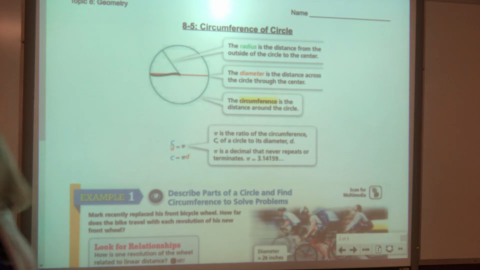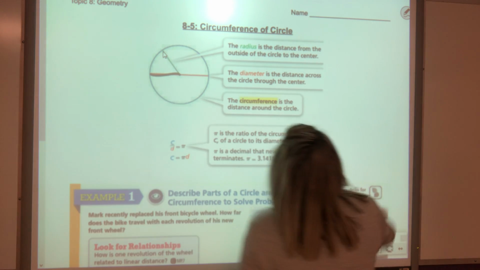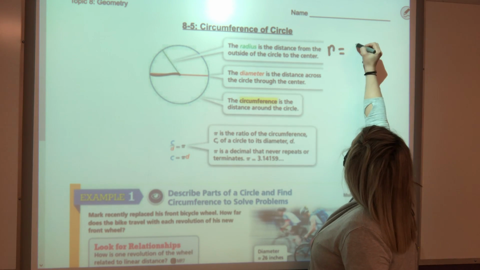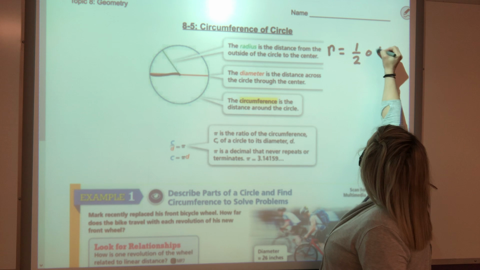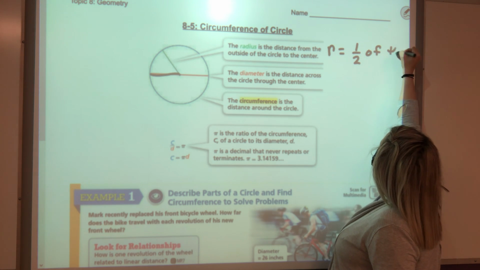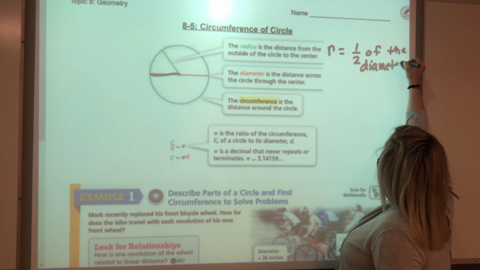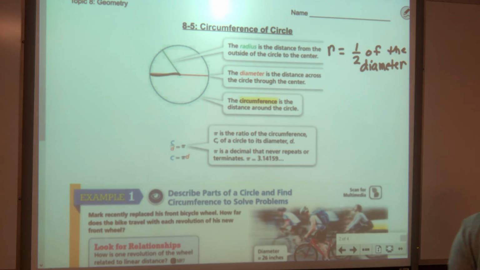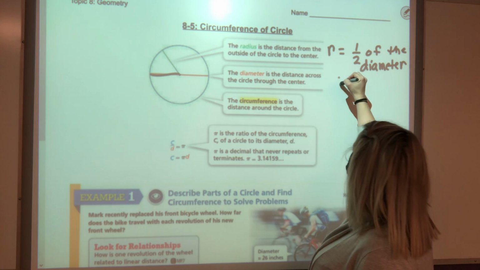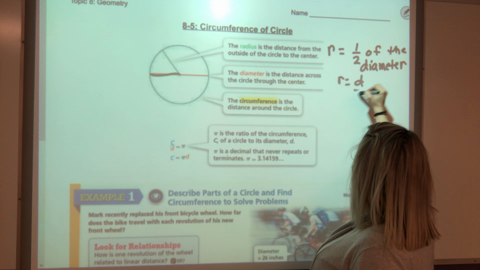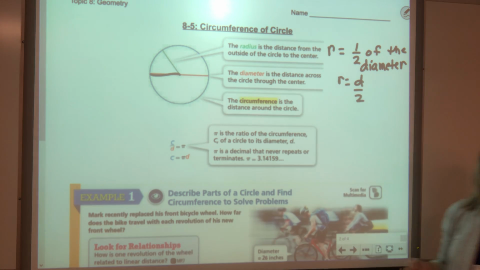It's about half. Okay. So the radius is half of the diameter. So we could actually say that the radius is equal to the diameter divided by 2, correct?